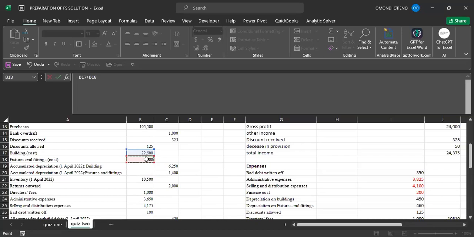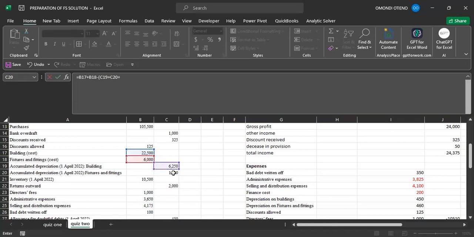Those non-current assets are at cost, less accumulated depreciation as at the end of the year. How do we get accumulated depreciation as at the end of the year? It is opening accumulated depreciation. So we less opening accumulated depreciation of buildings, then opening accumulated depreciation of fixtures and fittings.